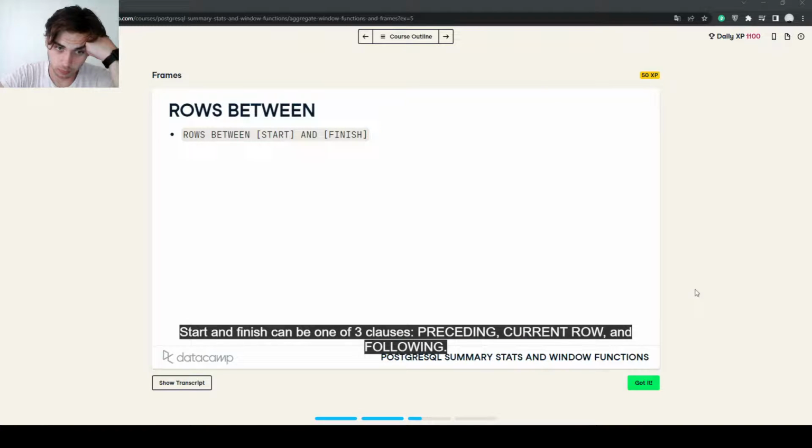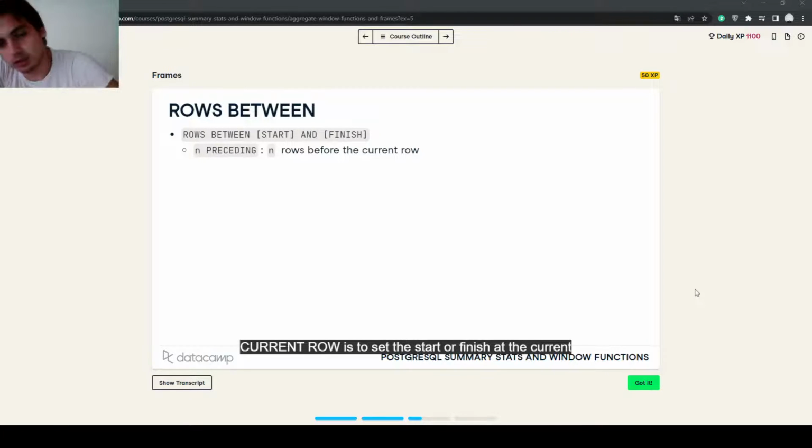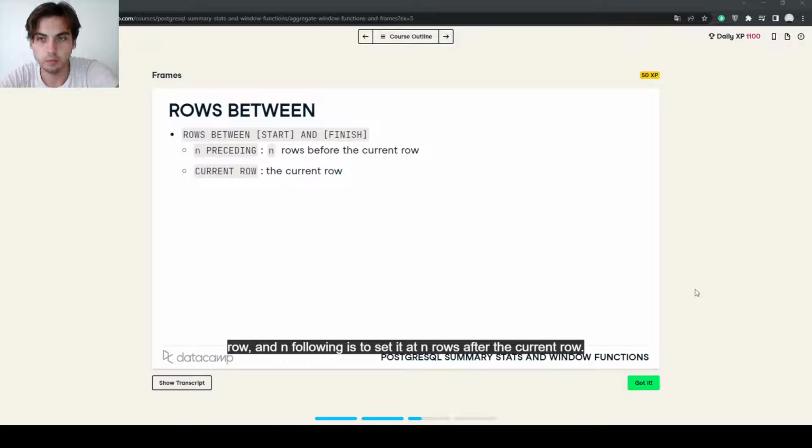Start and finish can be one of three clauses: preceding, current row, and following. N preceding defines the frame as either starting or finishing n rows before the current row. Current row is to set the start or finish at the current row, and n following is to set it at n rows after the current row.